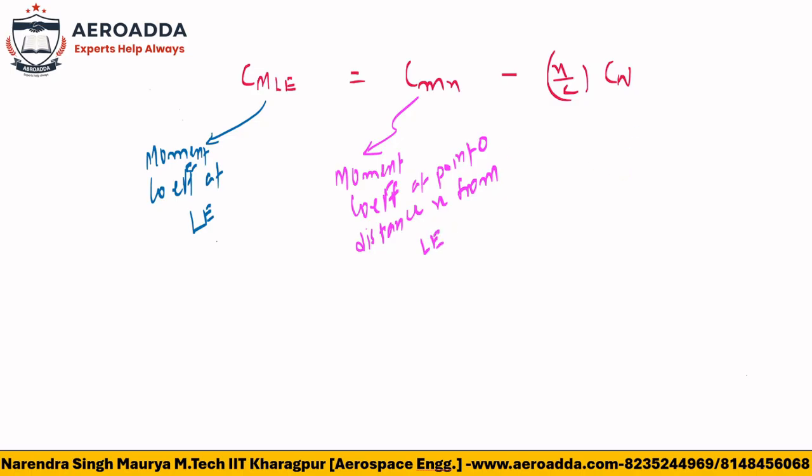And here, x by c is the length from the leading edge with respect to chord length.